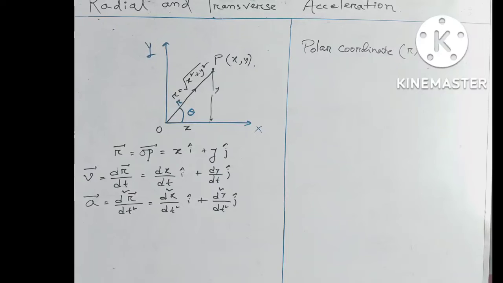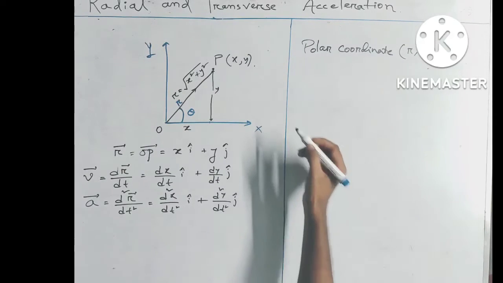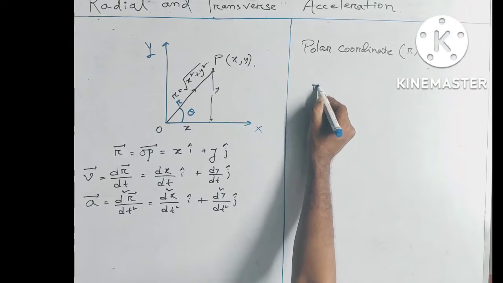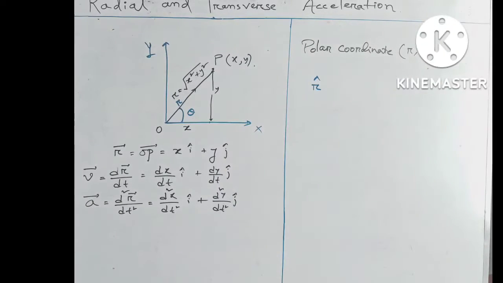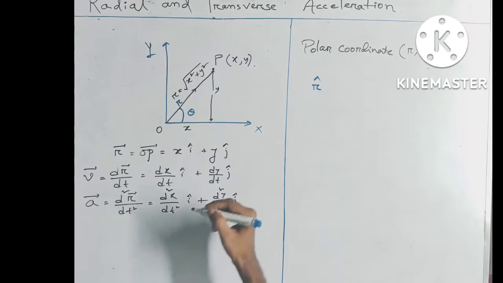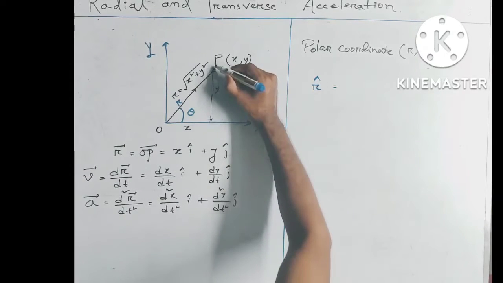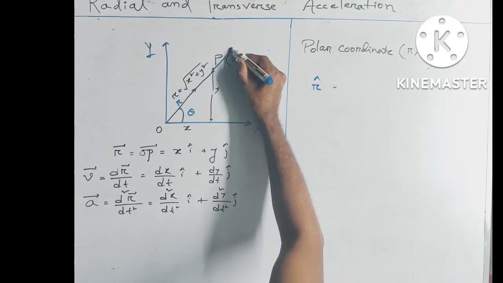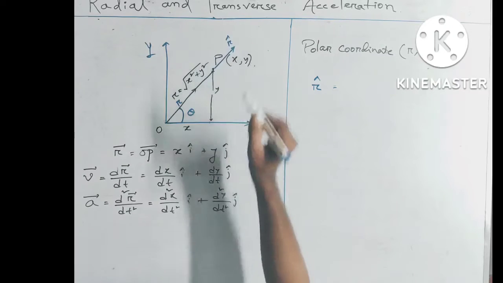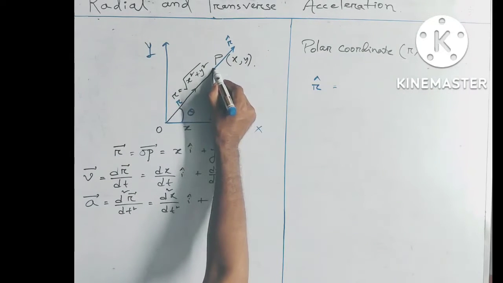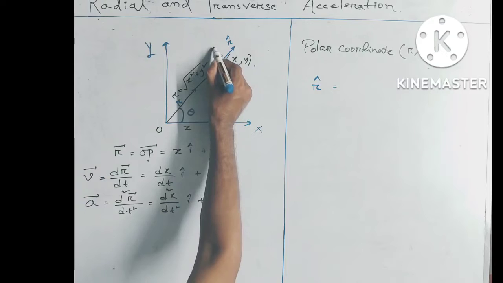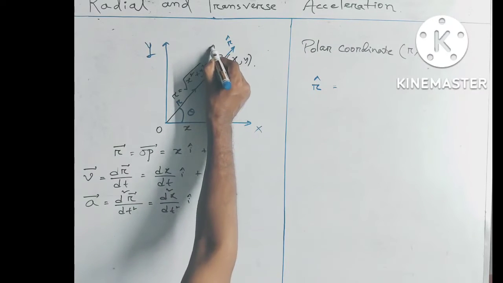Now the unit vector along the radial direction. If we try to find the unit vector along the radial direction, it will be like this. Suppose this is r cap, and its x component is this one and its y component is this one.